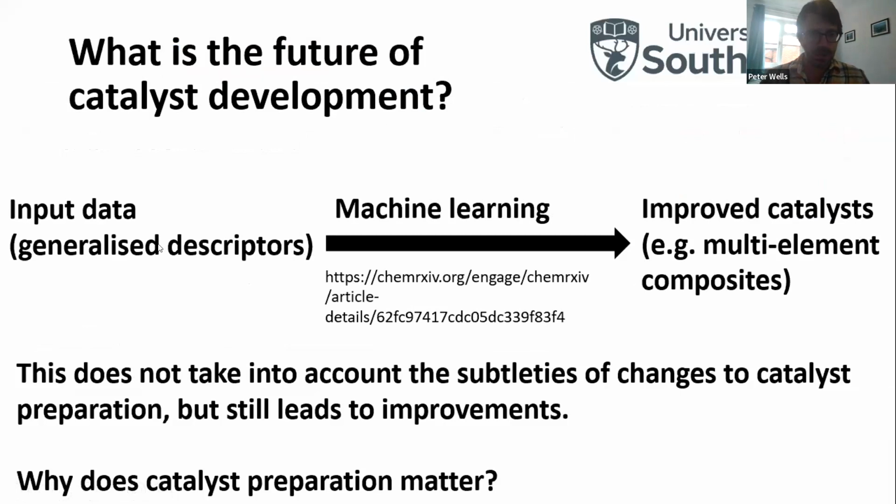So what I was saying was, I was at this talk in Switzerland and I was really impressed by this work on machine learning to make new materials. So using generalized descriptors like electronegativity, like binding energy, previous catalyst performance, they could really improve and design multi-element compositions.